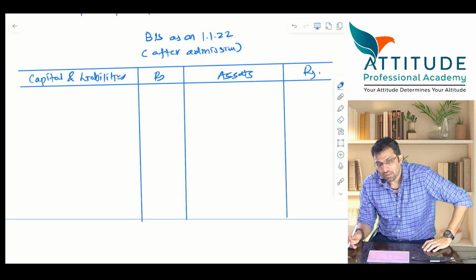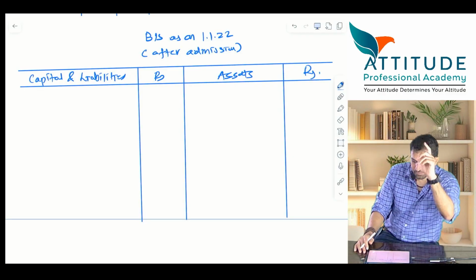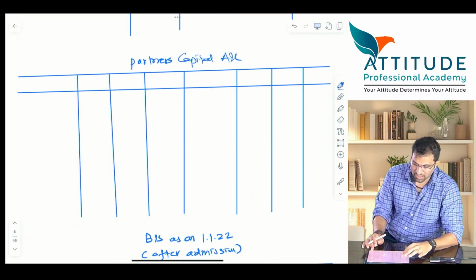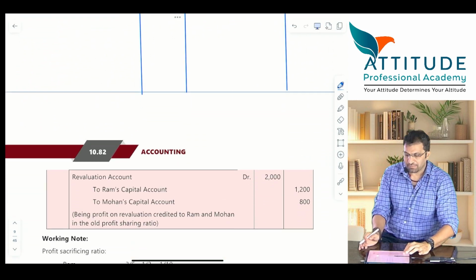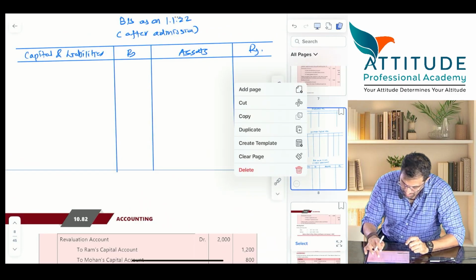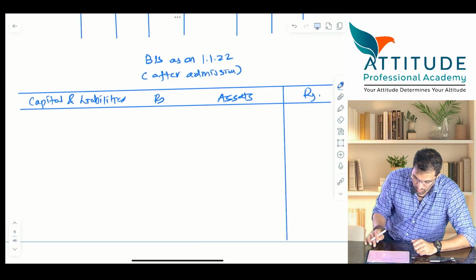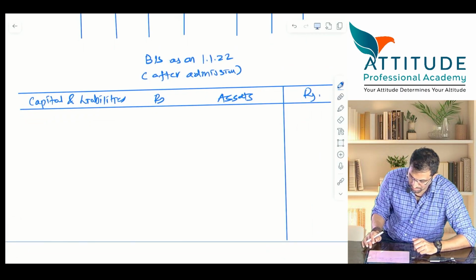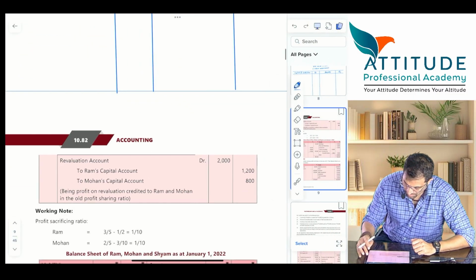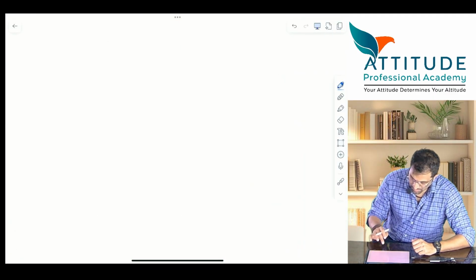Do it, do it. Hello? Yeah. Shall we proceed? I have done, see here, revaluation account, partners capital account and balance sheet. All of you are ready? All of you are ready, guys? Sir, journal entries will go below. Anyway. Sir, journal entries should come first, no?